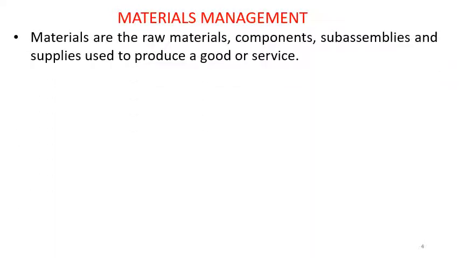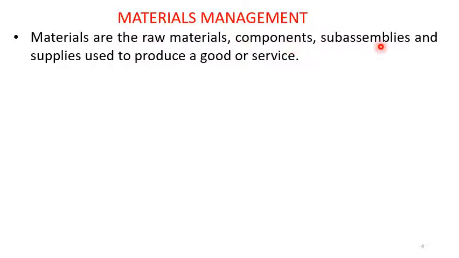Let us start with the basic concepts of materials management. Now, materials can be raw materials, components, sub-assemblies, and supplies used to produce a good or a service. That is, materials can be raw materials, components which are required for the final assembly, or materials which are an integral part of the final assembly, or work in process, that is, materials in the pipeline.